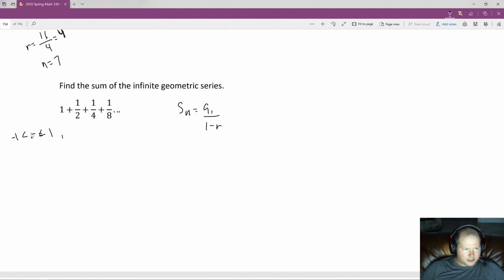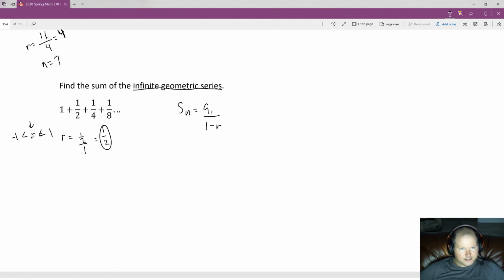Okay, so now in this case, what is our r? Well, our r in this case is 1/2 divided by 1, which is just 1/2, right? So our r is 1/2. Because our r is 1/2, which is less than the absolute value of 1, r is in between this range right here.